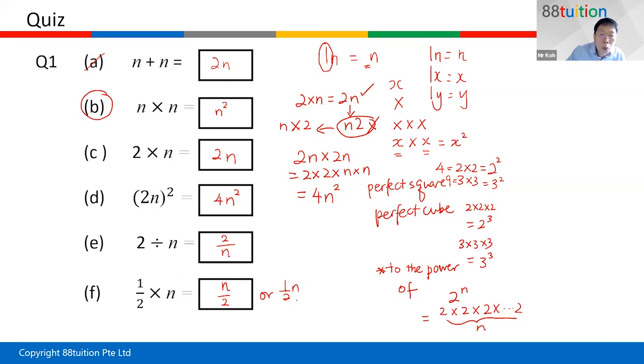If you write it like this, it will be wrong. It has to be at the center or up. All of this is okay, but if it's right below, then it is completely wrong. So far all right with these facts about algebra?